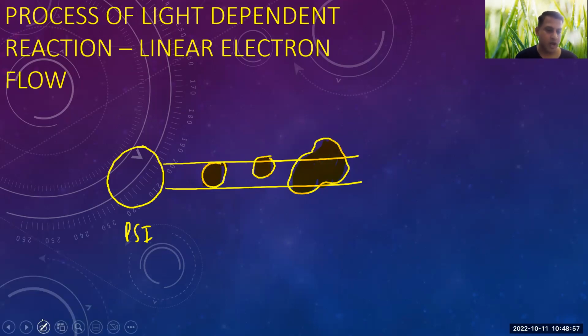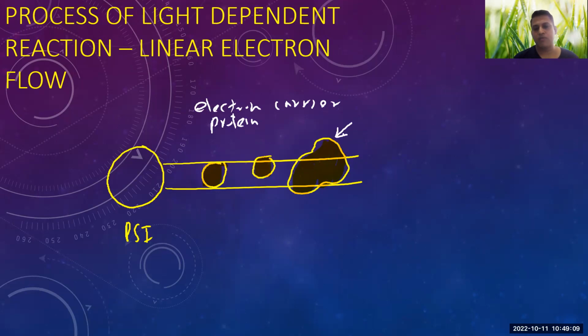Those complexes are electron carrier proteins. And we need to remember the name of this one because it is an enzyme. This enzyme is called NADPH dehydrogenase.